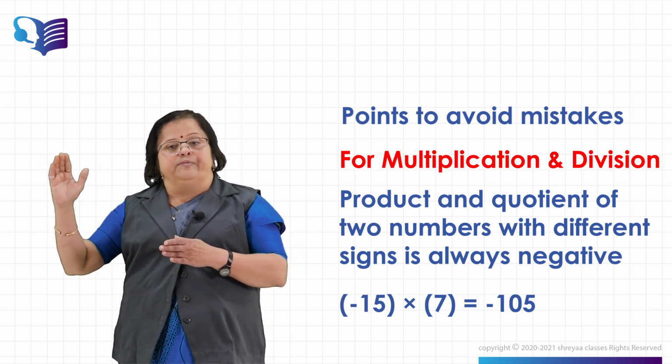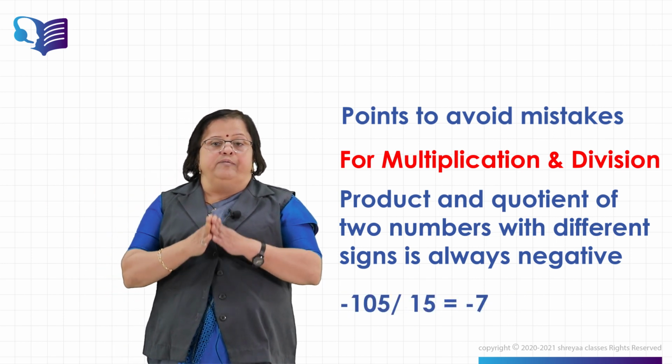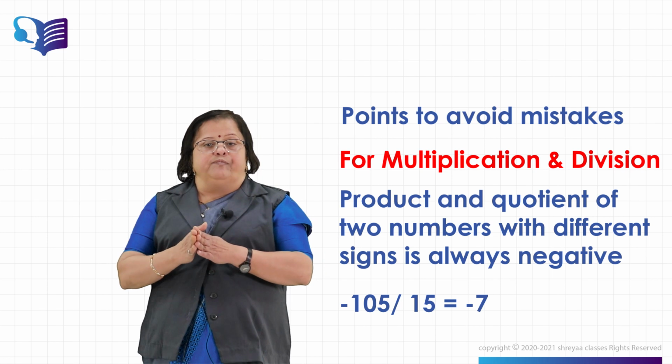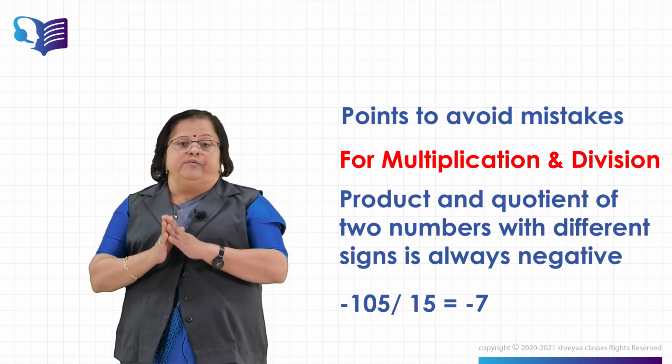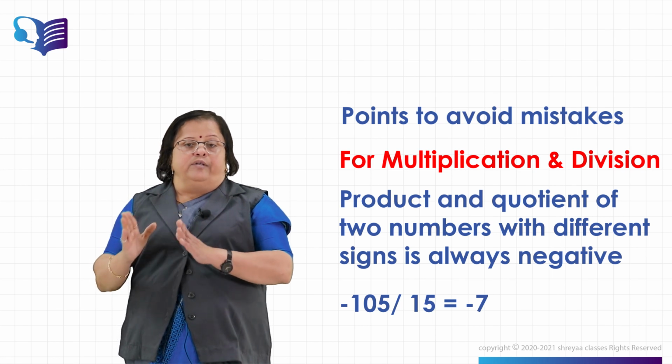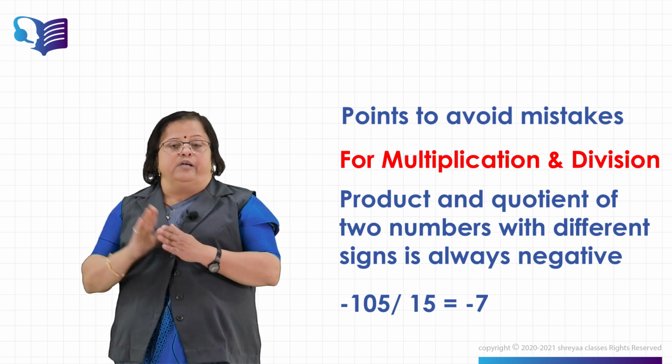So -105 is the answer. Similarly, if you take the division, -105 divided by +15, here two numbers are with different sign. Therefore, the answer is negative, with -7 as the answer.